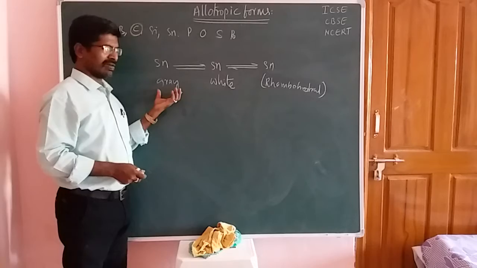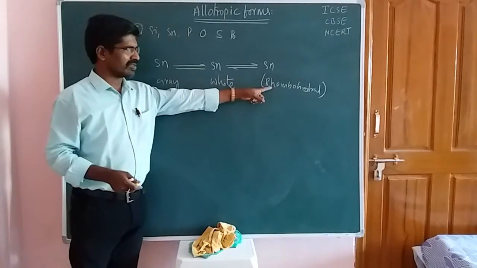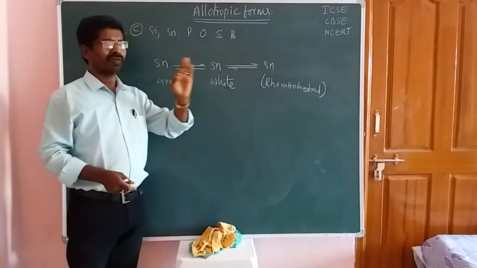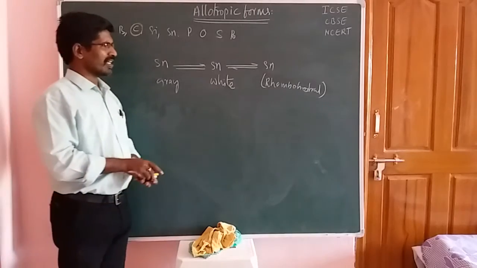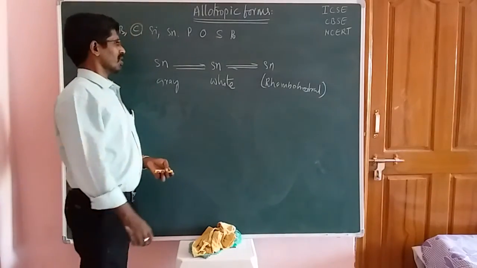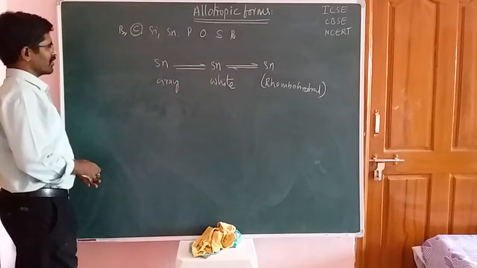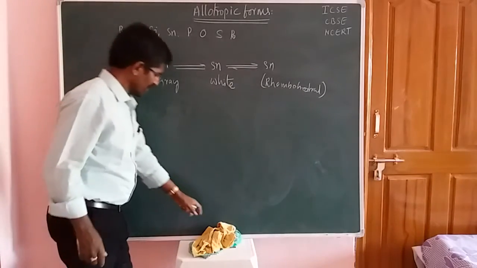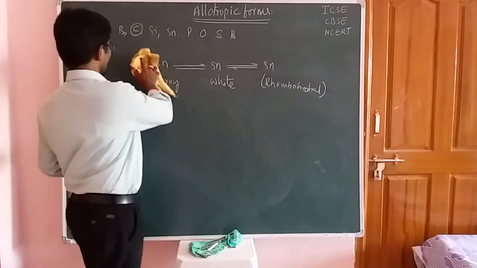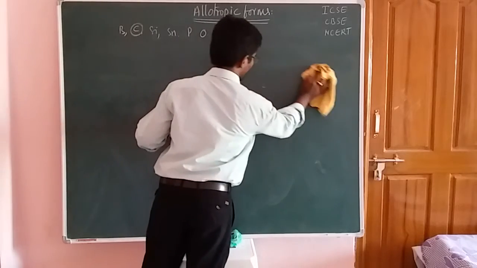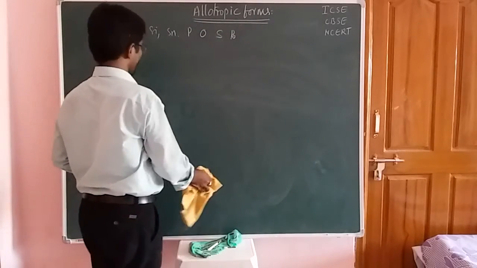It may be gray or white, but it is not about the color. The rhombohedral is a different type of state. These are the allotropic forms of tin. Now tin is over, and next we will take the allotropic forms of phosphorus.